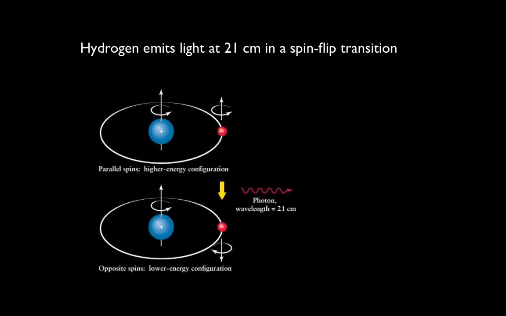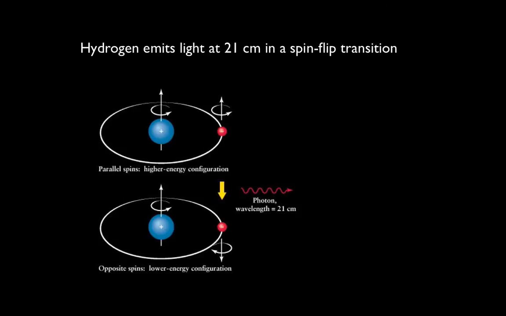And quantum mechanics tells us that it's either one or the other. They can't be at any sort of intermediate angle. They're either parallel or anti-parallel, parallel or opposite. And when they flip from one orientation to another, when the electron flips around, then because you're going from a higher energy state to a lower energy state, a photon is emitted. So energy is released in the form of light, of a photon.